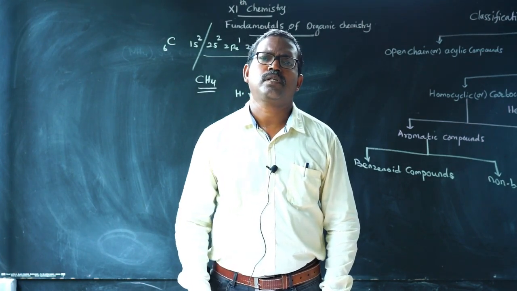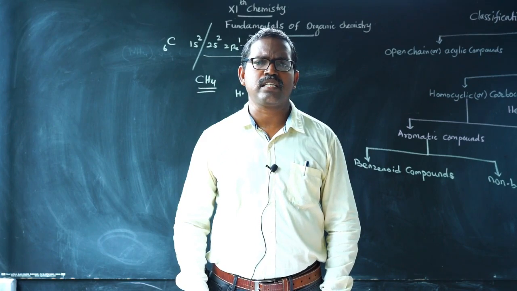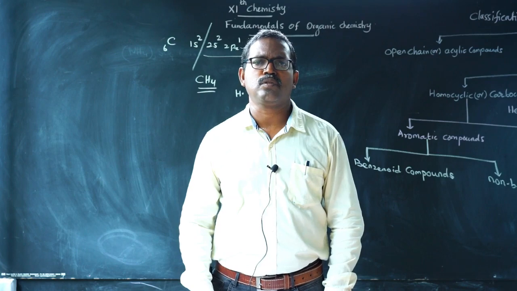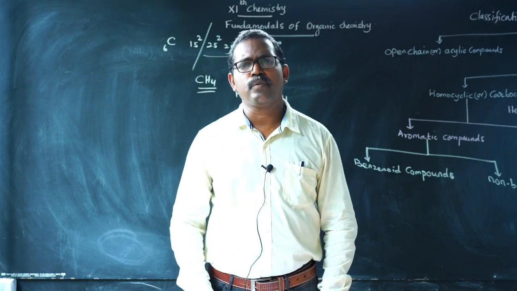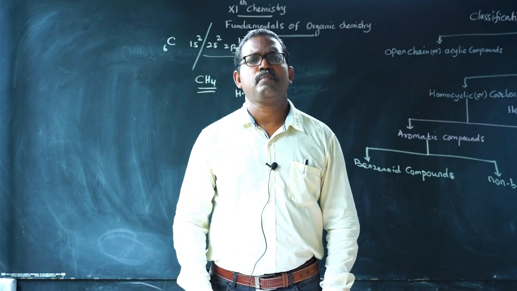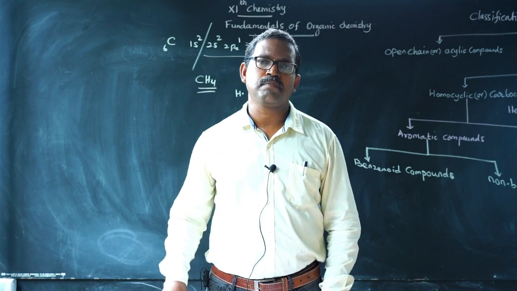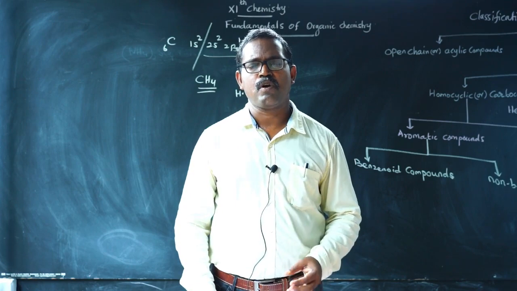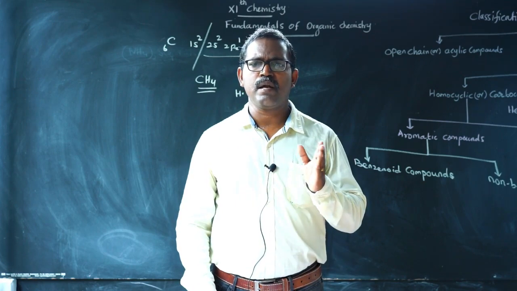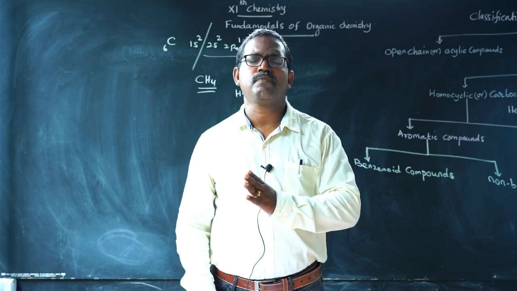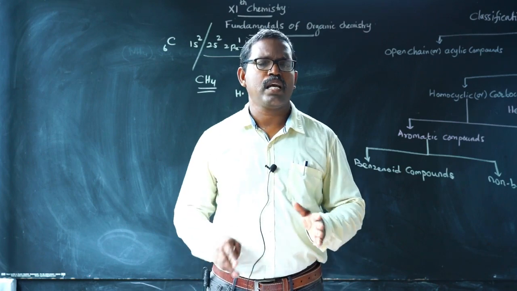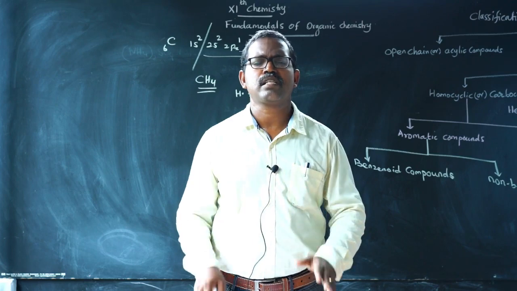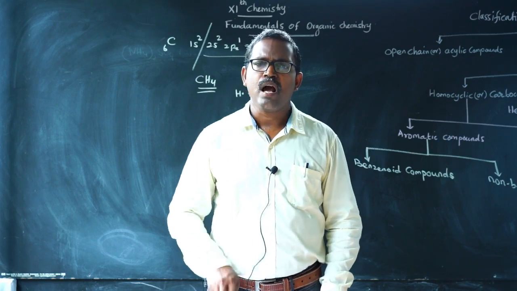Organic compounds also have a greater tendency to show isomerism and easily undergo polymerization. What is isomerism? This concept is discussed in later classes, but for now, isomers have the same molecular formula but different structural formulas.